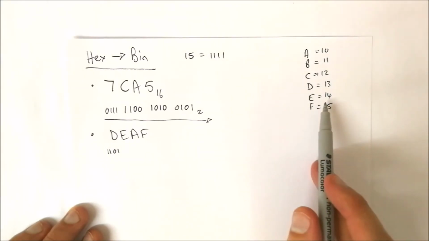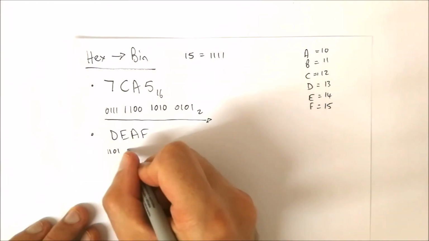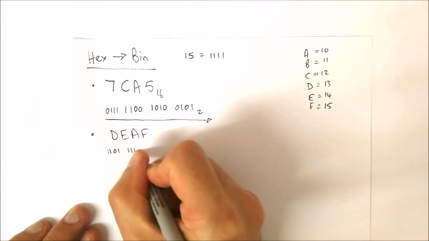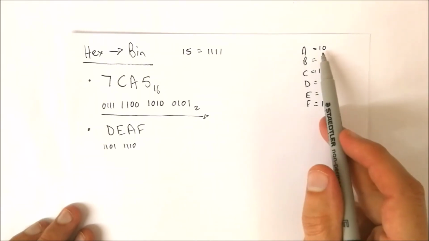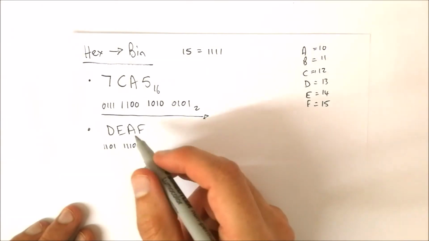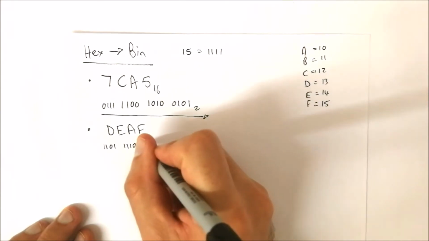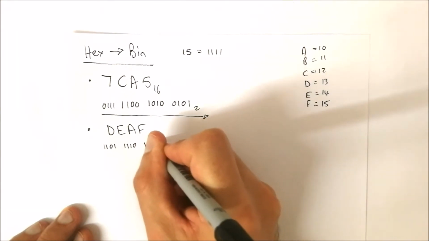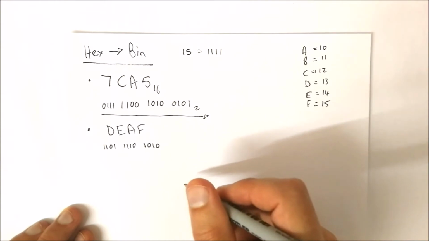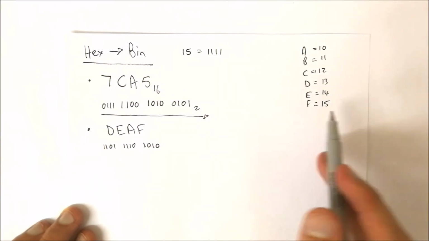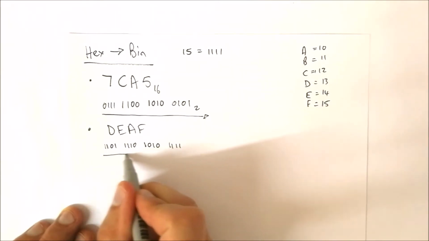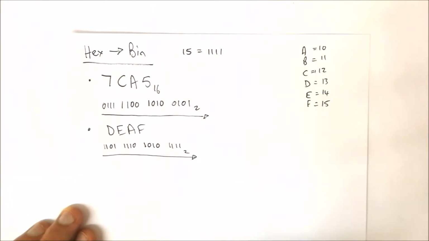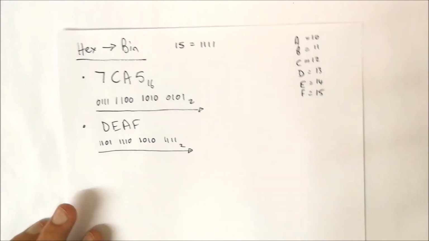E is equal to 14, which is 1110. What about A? A is equal to 10, so 10 will be represented as 1010. And F is equal to 15, represented as 1111. And that's your answer. Again, very straightforward to do.